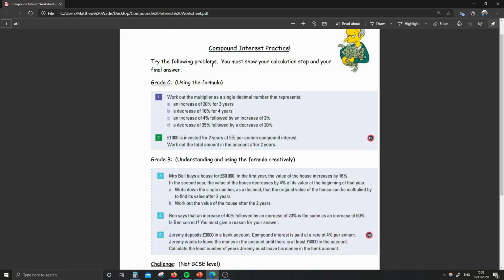First things first, I want you to try this worksheet. I'm going to show you something really sneaky with it though. So an increase of 20%, this is a funny one. It starts off a bit funny, but an increase of 20% for 3 years, all it wants you to do is write down 1.2 to the power of 3. That's all it wants you to do. 1.2 to the power of 3 equals 1.728.